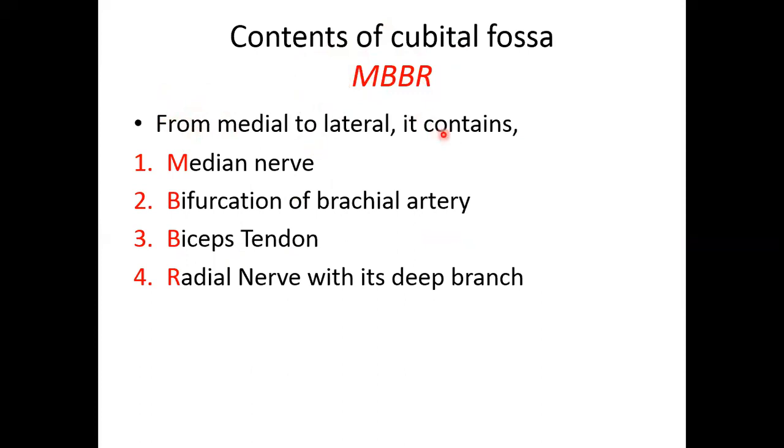From medial to lateral, the first content will be the median nerve in the cubital fossa, right? Then next to the median nerve is the bifurcation of the brachial artery. Next to the bifurcation of the artery is the tendon of the biceps, the biceps tendon. And then the lateral most structure is the radial nerve, the radial nerve with its deep branch.